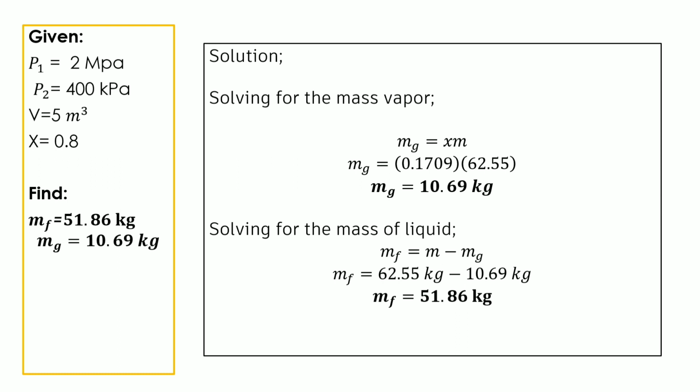The final mass of vapor of the water is 51.86 kilograms, and the mass of the liquid of the water is 10.69 kilograms, if the pressure is reduced to 400 kilopascals from 2 megapascals. That is going to be the effect on the water under these pressures.